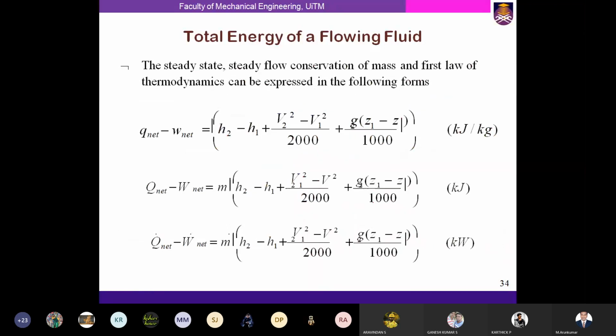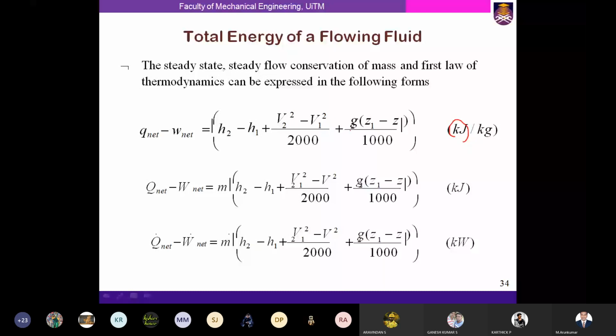Also, we can write this equation for steady state, steady flow. Conservation of mass and first law of thermodynamics can be expressed in the following form: Q net minus W net is equal to H2 minus H1, plus (V2 squared minus V1 squared) by 2000, because the unit is kilojoule.